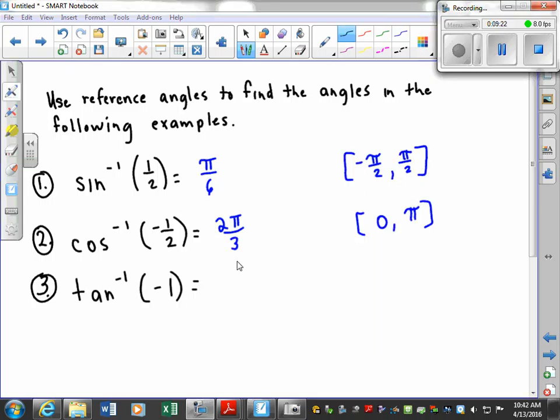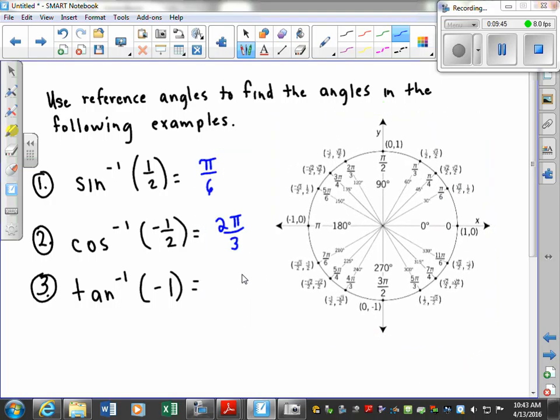Okay, our next one is going to be find the tan inverse of negative 1. So what's the angle? And let's do our reminder over here. So we're thinking the right half, but recall tangent and cotangent are the ones that have parentheses. So cotangent, parenthesis, and then we're on the right half of our unit circle. Alright, so let's pull our unit circle up.